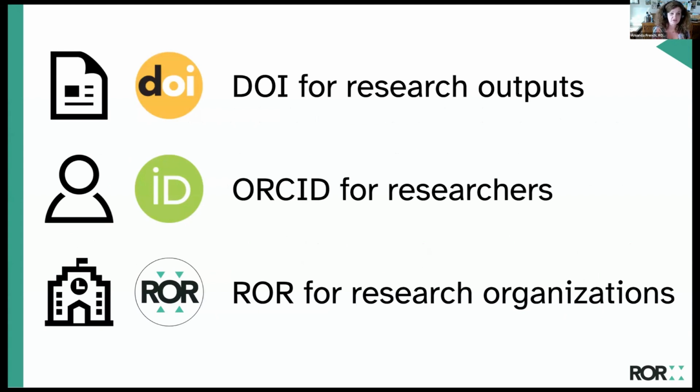I'm sure everyone is also familiar with ORCID IDs for researchers, and ROR is really the latest entry into that family of persistent identifiers, and our job is to identify the organizations as opposed to the outputs or the researchers.